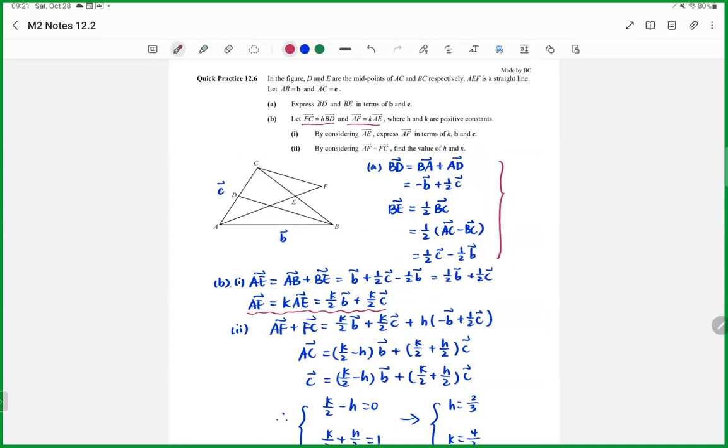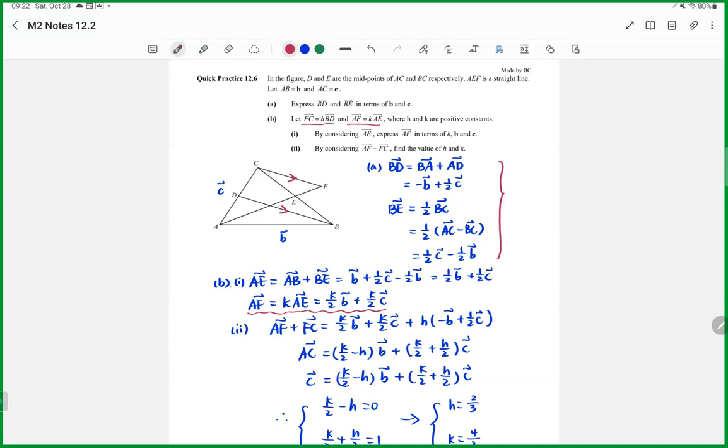By giving you this, FC is equal to H BD, it's saying that FC is parallel to BD. So it's actually more conditions given. And AF is parallel to AE. AF is equal to K AE. So F is on AE and CF is parallel to BD.